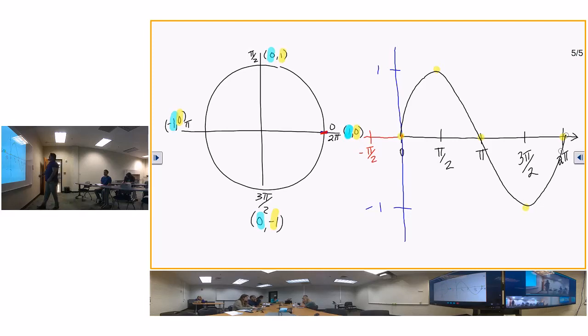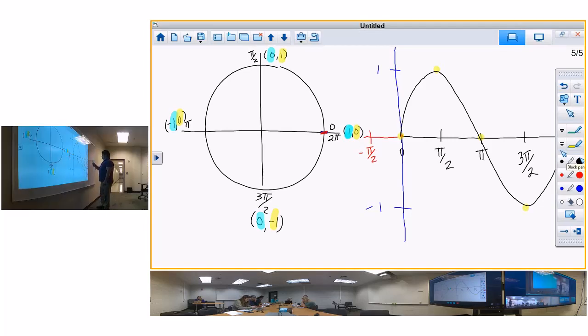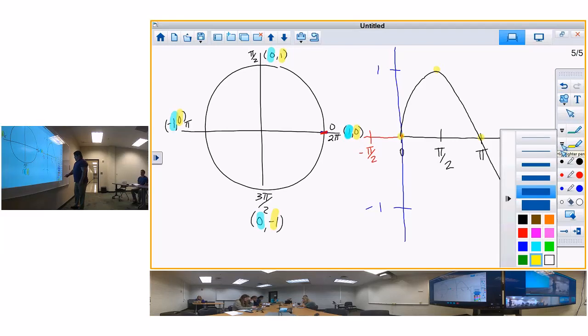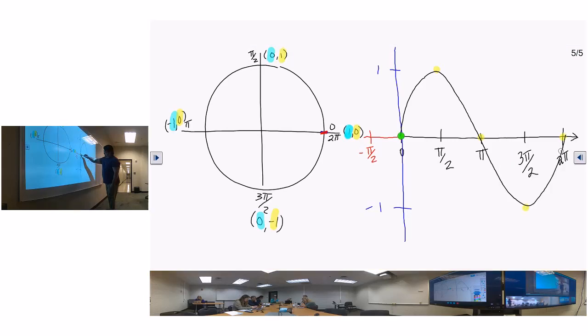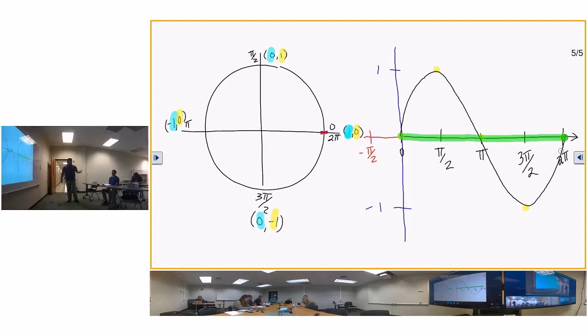This is called a what? What's it called? Let me take my highlighter. I'm going to use a different color. Let's use green because it's very important. Somebody tell me what this is called right here. It's called a revolution when you're talking about the circle.